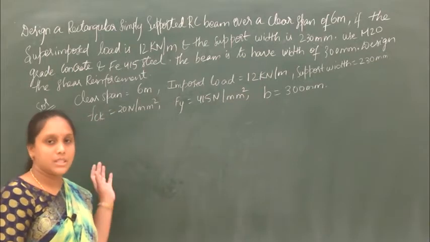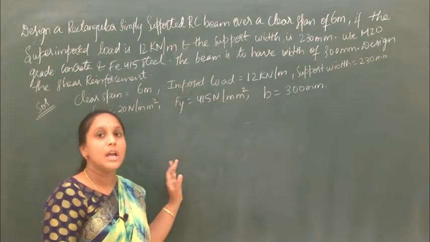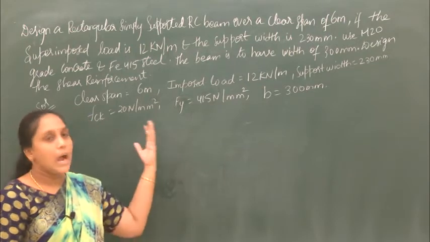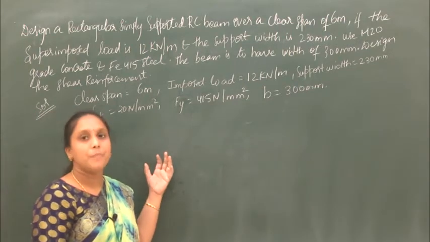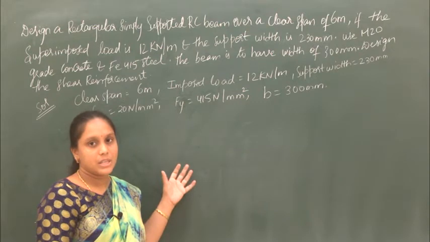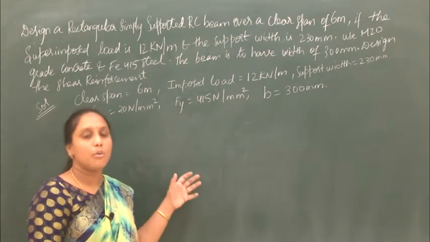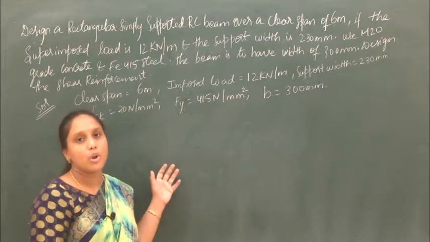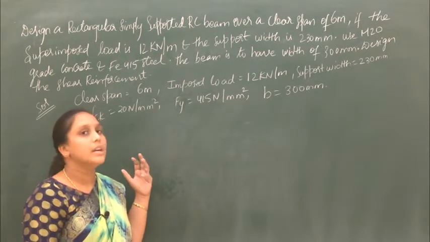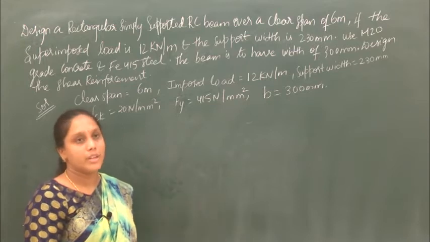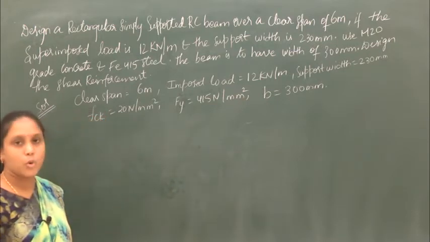So we will apply the same concept here, and later on, after designing an RC beam having all the dimensions, that is the breadth, the overall depth, the effective depth, the area of steel, the moment, everything, then we will design for the shear reinforcement.